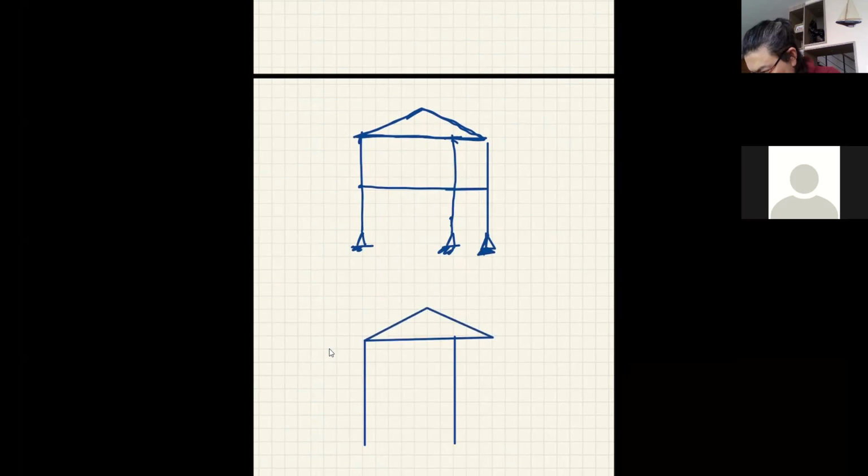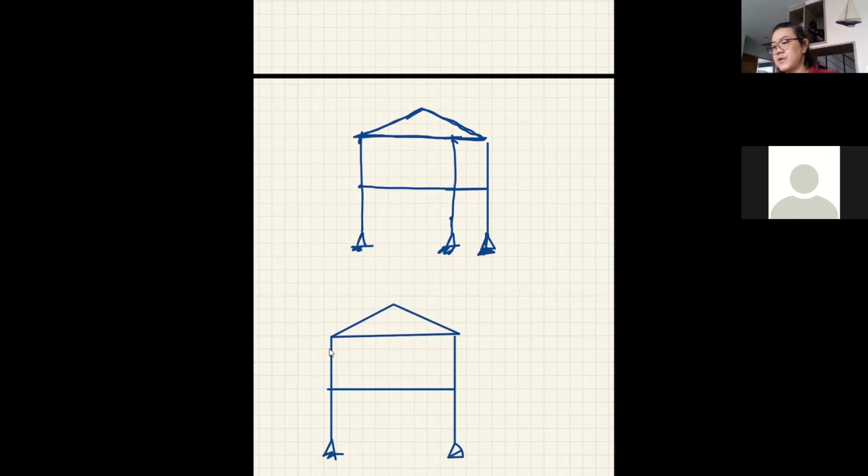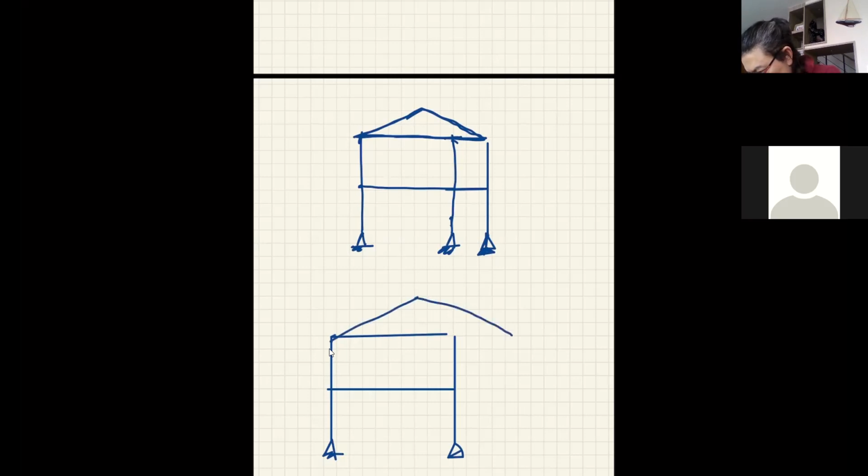So it's gone into the straight line mode. Okay, so let's say this picture is done incorrectly because of this straight line thingy. Okay, so your truss looks like that.